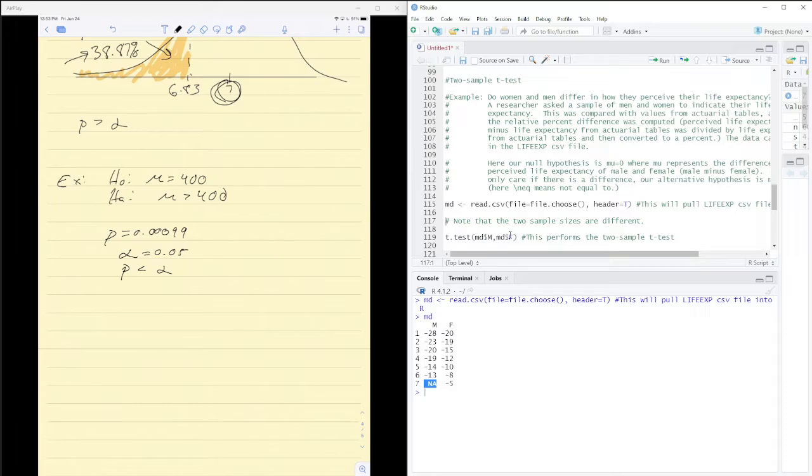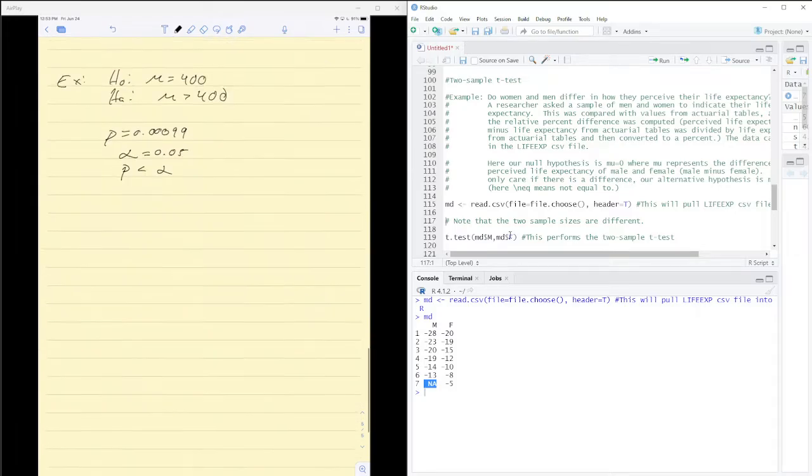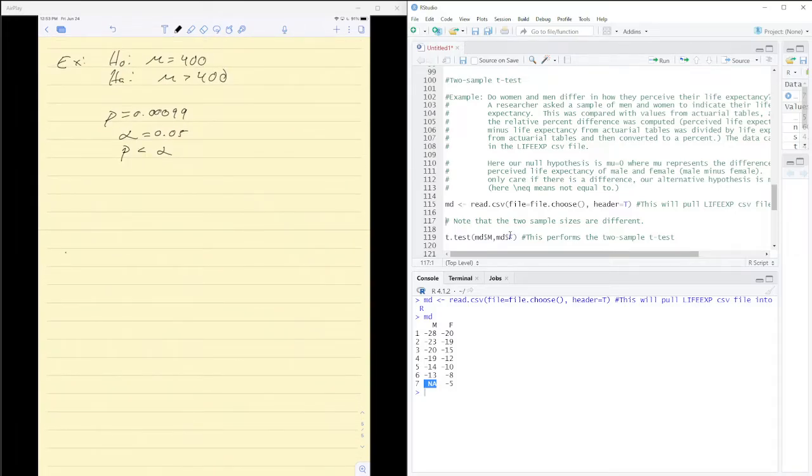And now we're going to talk about the null and alternative hypotheses. So we are comparing these two groups. Your null hypothesis, how you would think, is that the mean for males is equal to the mean for females. Right? Because if they weren't equal already, then you don't have to run the test if you didn't assume that.